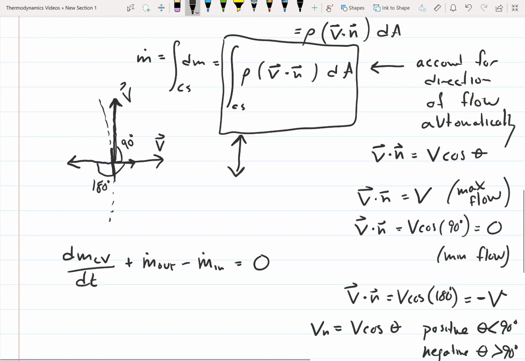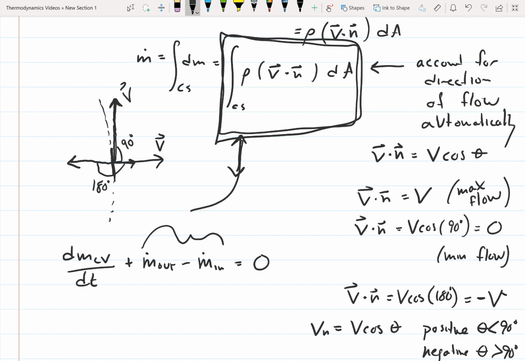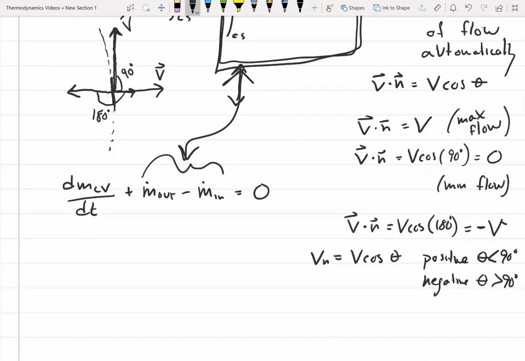So what we just derived takes into account this part of the equation, the mass flow into or out of the control volume. Now we want to consider this term.